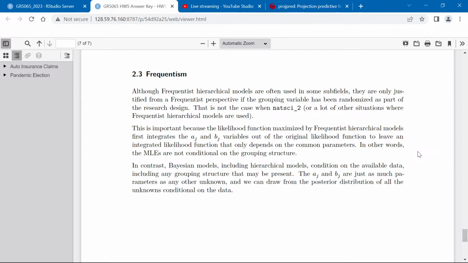And so that stuff is not estimated. You can get predictions of it by maximizing the integrated likelihood function, getting point estimates of alpha and beta, forming the linear predictor, applying the inverse function to it, and getting residuals by subtracting that from the outcomes. You could get residuals, and then to make predictions of the A's and B's, it does another regression of the residuals on the grouping dummy variables.